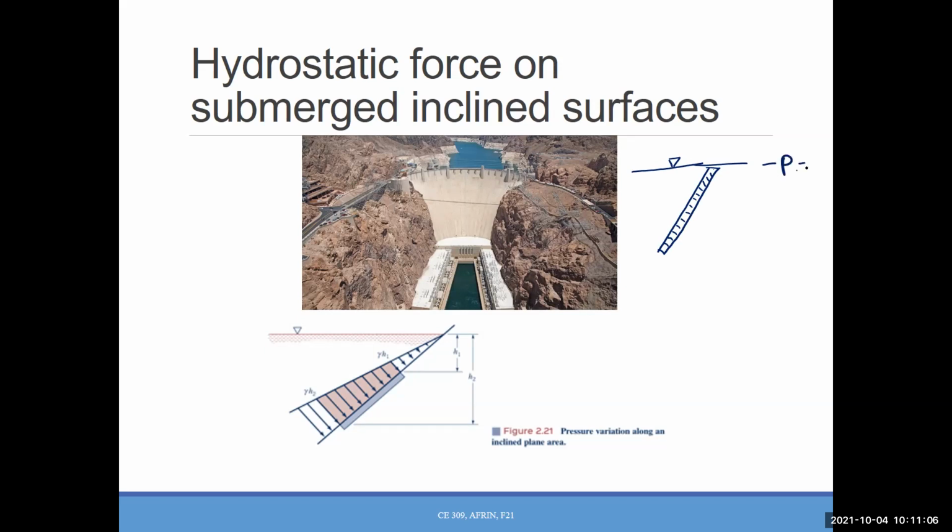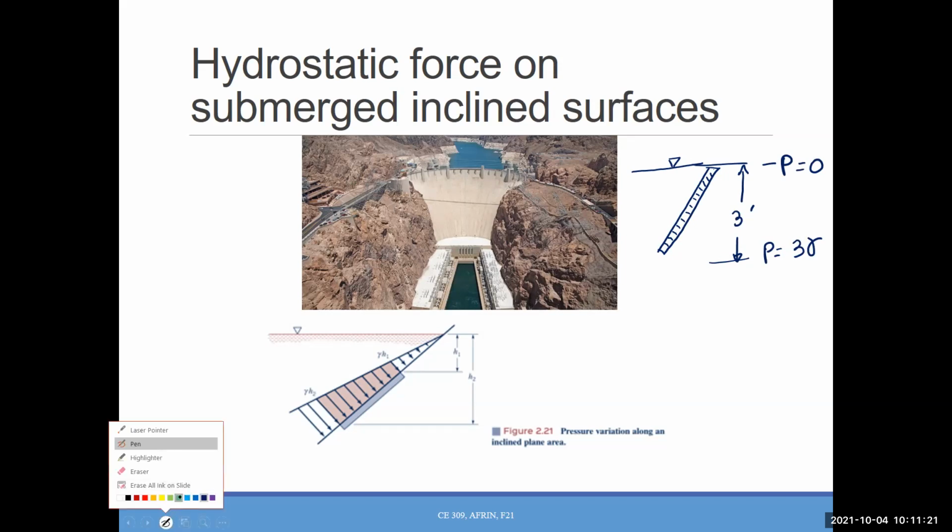So again, pressure is 0 here, and maybe if this is again 3 feet, 3 gamma here, right? And what will be the pressure distribution?